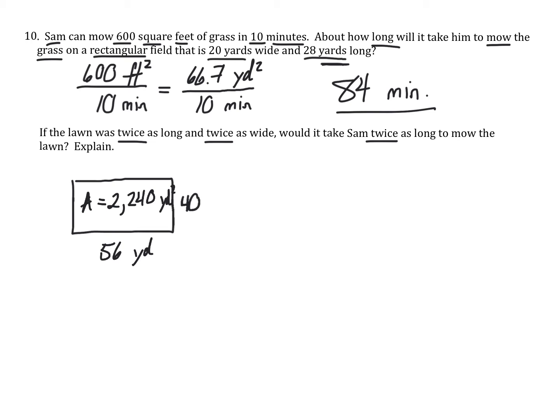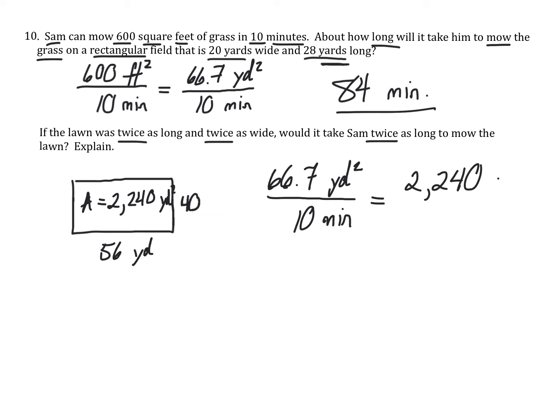And I can go through and solve this the same way. So we'll use our conversion earlier. 66.7 yards squared is going to take 10 minutes to mow. So now what I want to figure out is how long it is going to take to mow 2,240 yards squared. So let's fill in x for minutes because that's what I'm trying to solve for.